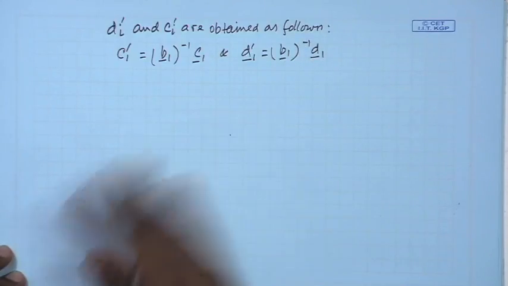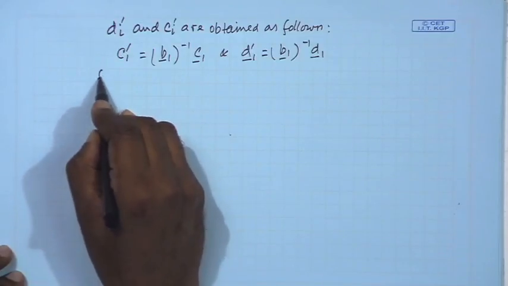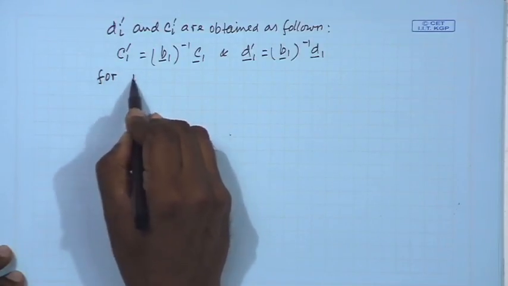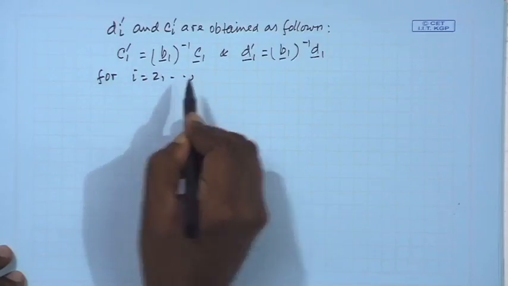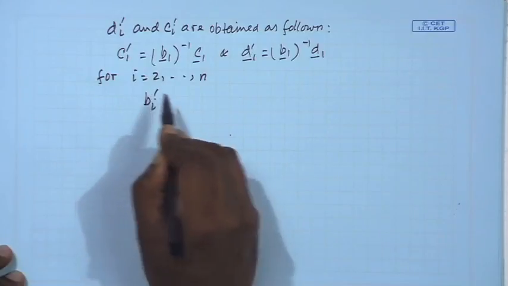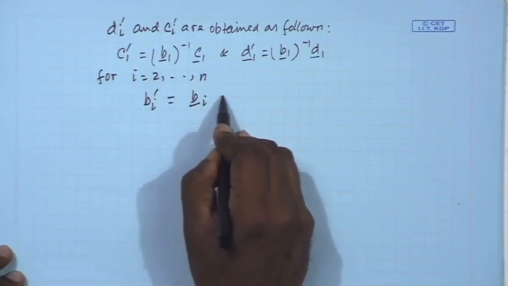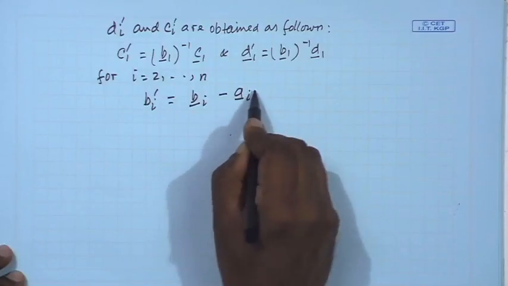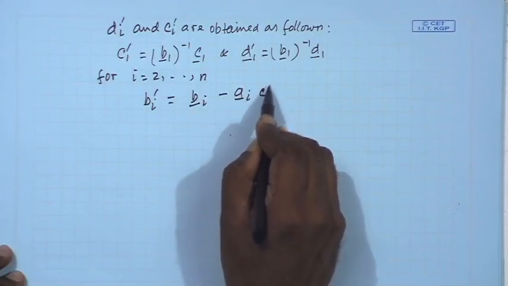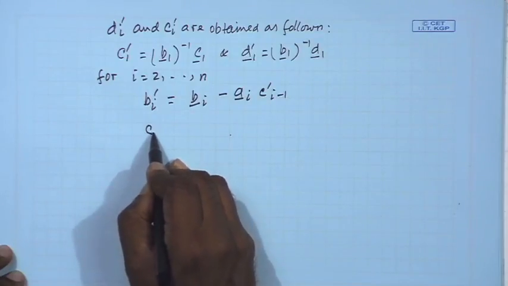Then for i equal to 2 to n, we compute Bi dash, which is an in-between matrix that we do not need to store once we get the other coefficients.